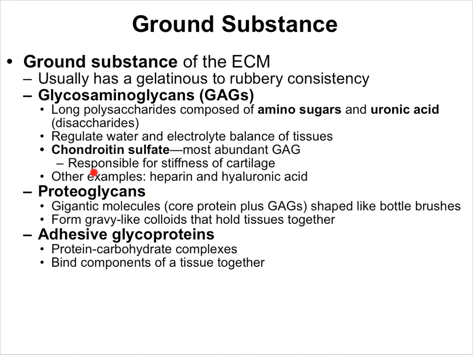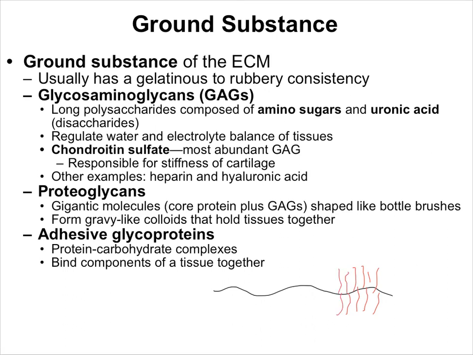Proteoglycans is the next big category. These are huge molecules that are actually a protein core with GAGs coming off of them. They're shaped kind of like bottle brushes, right? So the proteoglycans are going to have this long filamentous structure, and then you're going to have your GAGs coming off of them like the bristles on a brush.